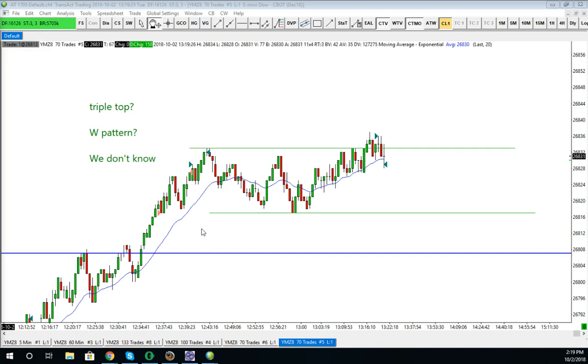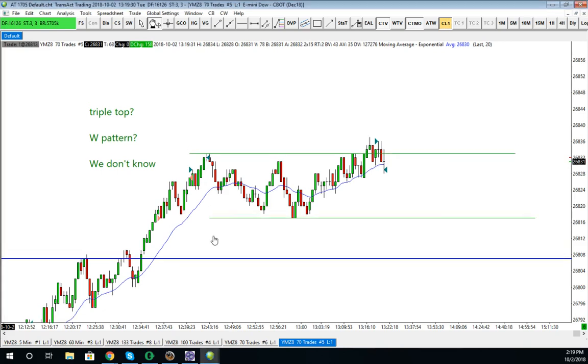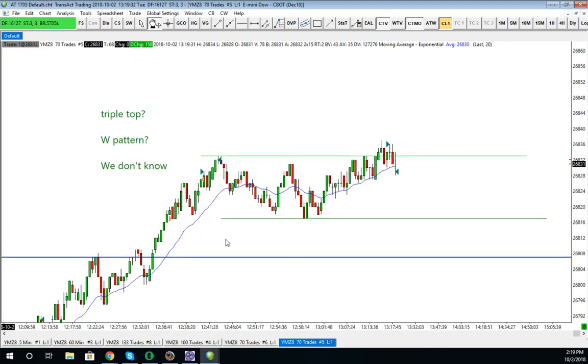Let's see. If it looks like it's moving, I'll keep the video going. If not, I will pause it and we'll give it one or two more shots, depending on what happens. Okay, so we've been just moving along this average, so it's not really a pullback to the average.